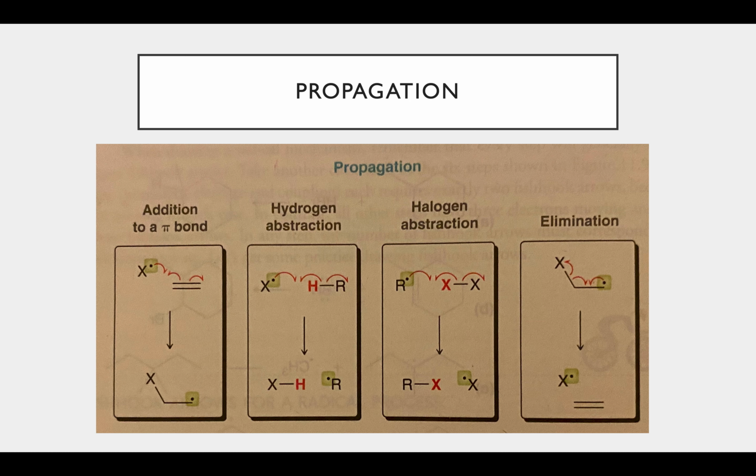All of these result in the formation of a new radical. This step can occur only once, or it can result in a domino effect in which the newly formed radical can go on to attack another molecule, creating another radical, and so on, resulting in this propagation step occurring multiple times. This step of the reaction will occur at least once, but can and is likely to occur many times.